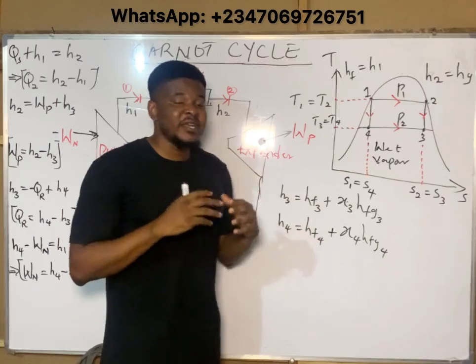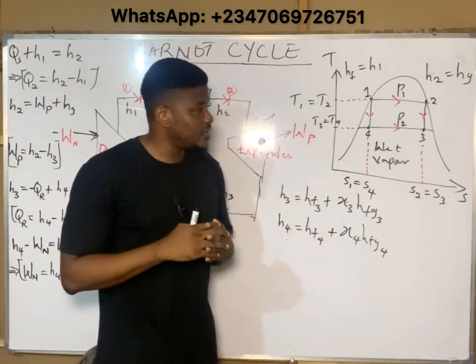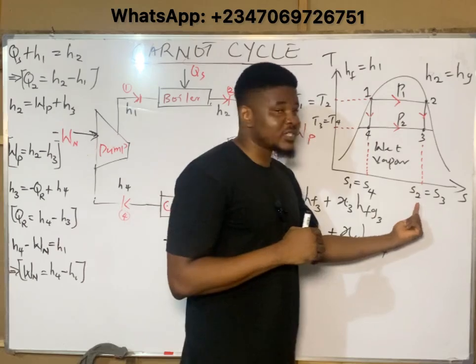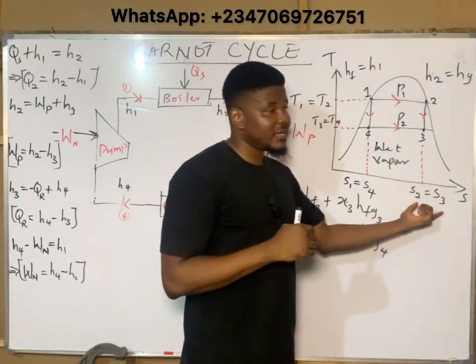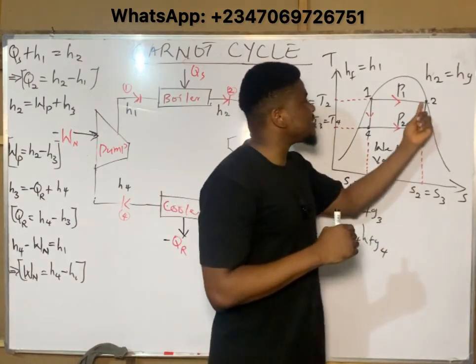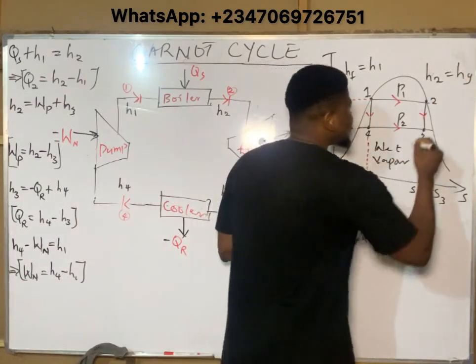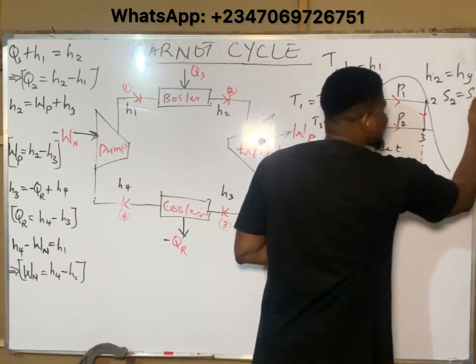Now, to do this, we employ the adiabatic condition that can be seen on the TS diagram. You observe that state 2 to state 3 is an adiabatic process, a constant entropy process, which means S2 is equal to S3. And if we have said that at state 2, H2 is equal to Hg, this also means that the entropy at state 2, S2, is also going to be equal to Sg.